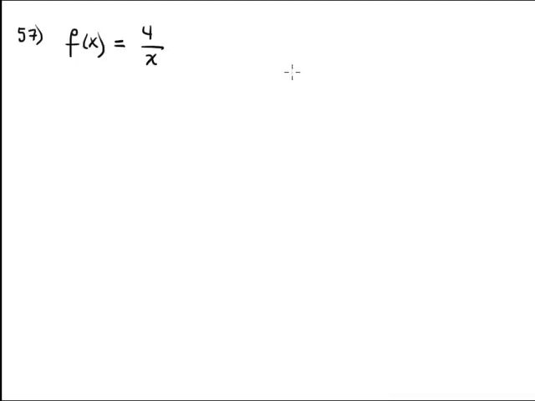57 is the same, but first verify whether it is a one-to-one function or not. Suppose, for example, x equals 1, here the value is 4, so the point is (1, 4).